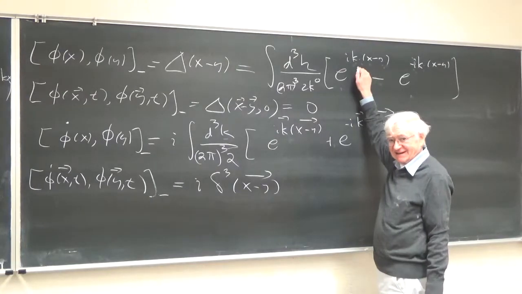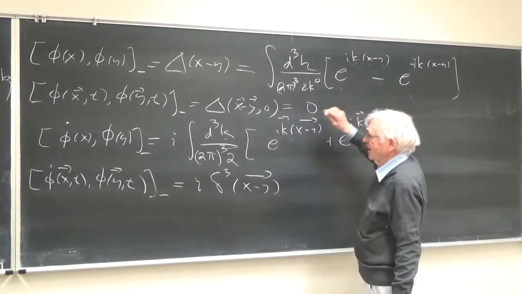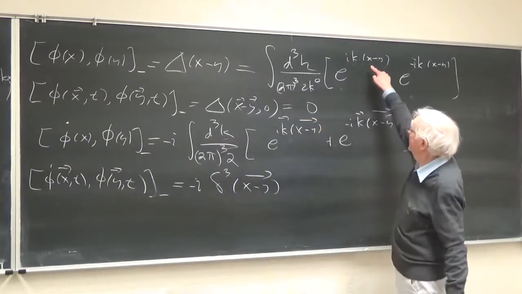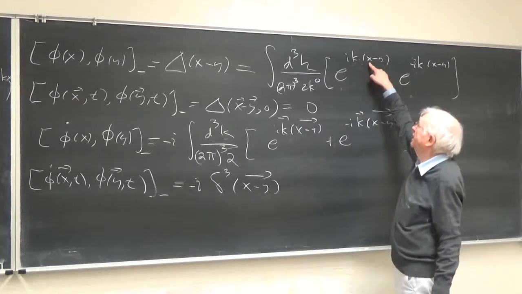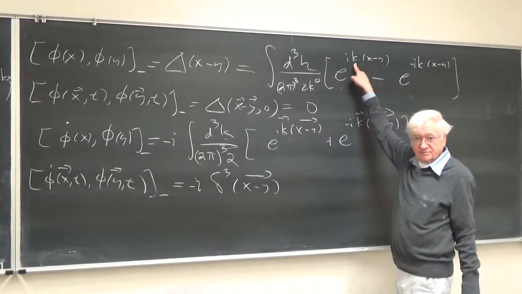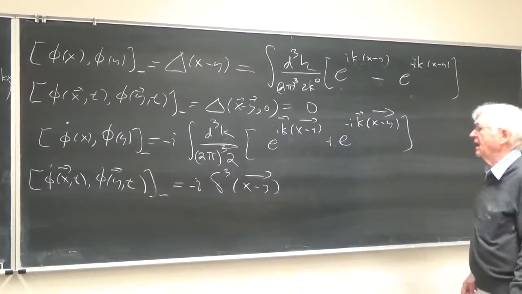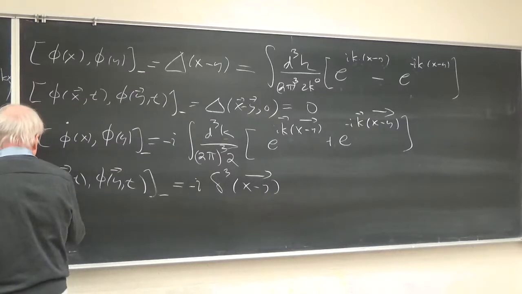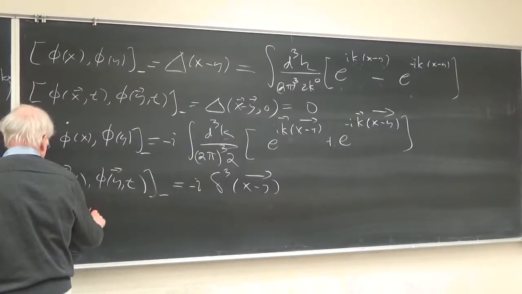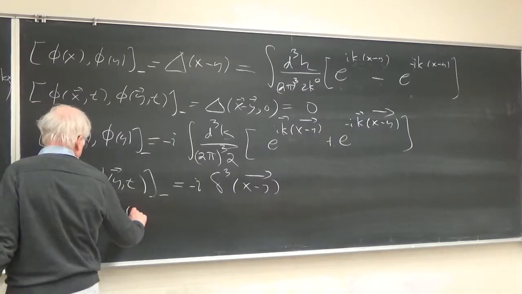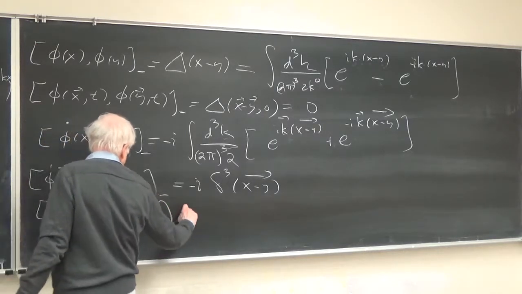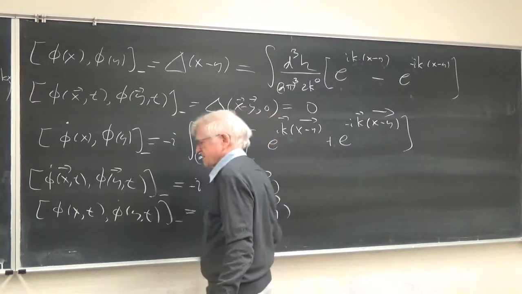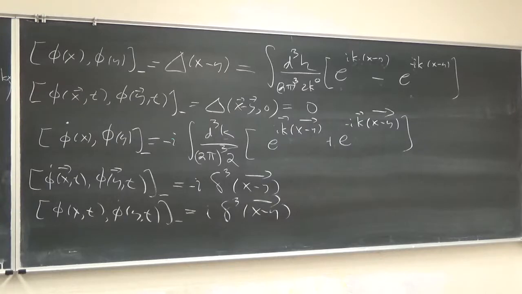There's a minus sign here. This pulls down not an I, but a minus I. When you differentiate with respect to x0, you're bringing down minus k0. And so we'll rewrite this as the commutator of phi of x and t with phi dot of y and t is then I delta cubed of x minus y. Of course, the delta function is even under x and y.